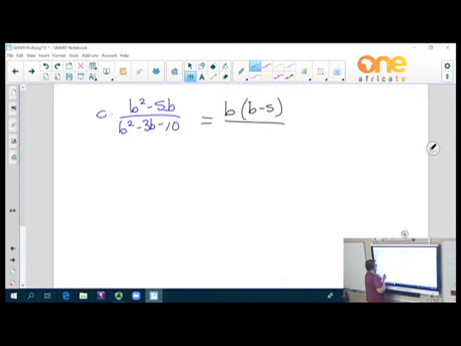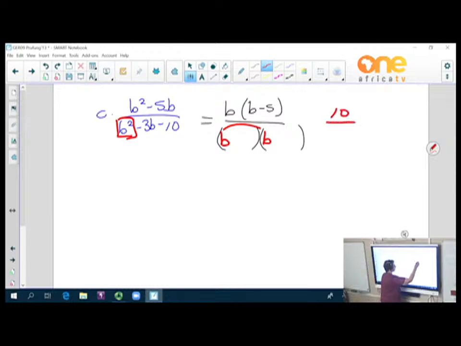If we factorize here, this is a trinomial. Do you recognize it? So the question is still what times what gives me this first term? So it is b and b. And then which factors of 10 will give me a 3 when I subtract it? The factors of 10, which is 5 by 2, will work.